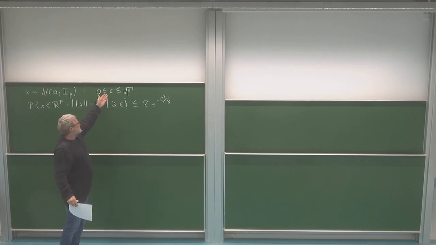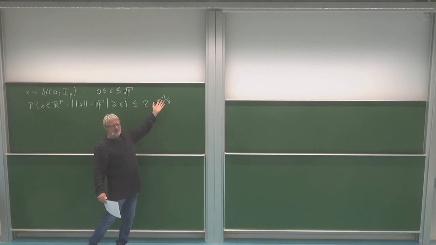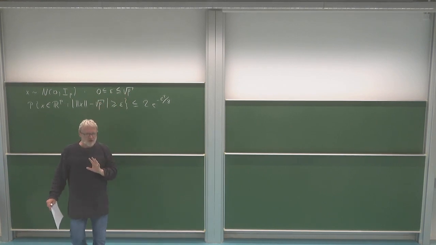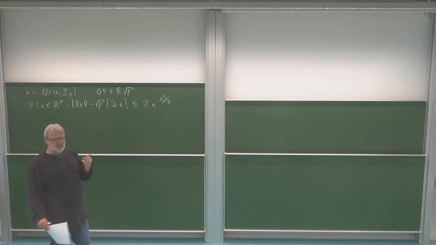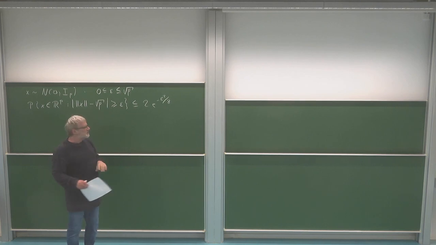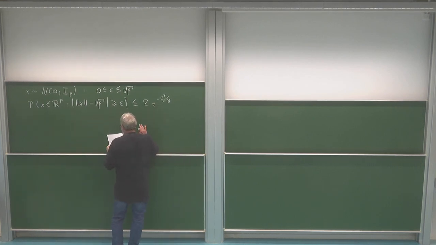So epsilon here is not close to 0, because otherwise this would not be very interesting, but it's far away from this. It could be 5 or 100 or something like this, and when p is very large, 100 is still small. So I rewrote this also in a rescaled version, dividing by square root of p, and then you see much better that you can have a small epsilon here.